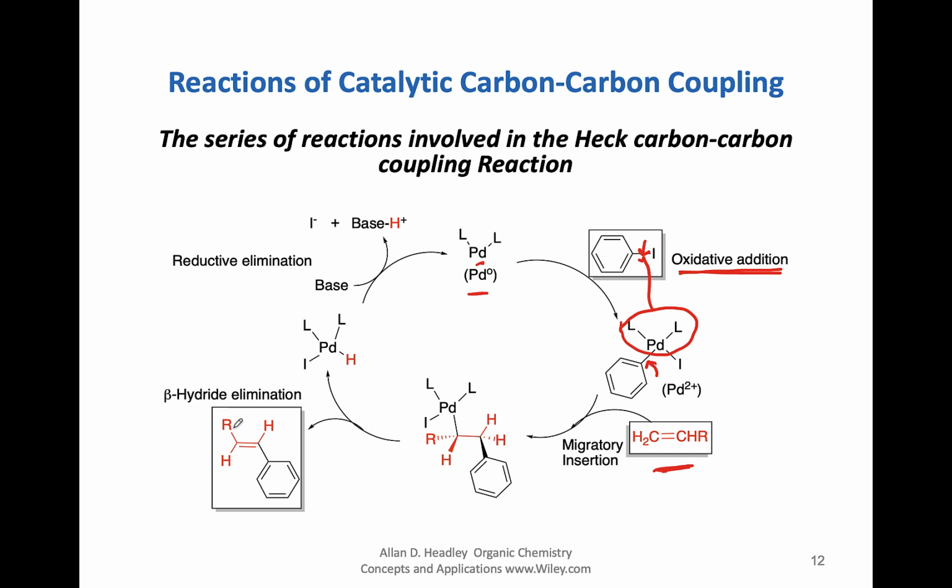It keeps going. Then we have a beta hydride elimination. You may recall this is an elimination that gives the catalyst in the Pd2+ state and the organic product. This is, let me write it here, this is Pd2+.